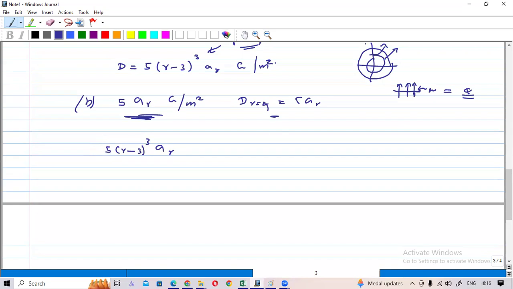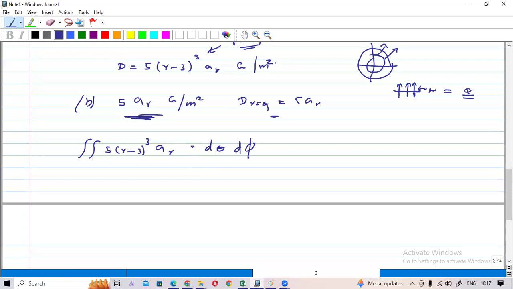You are asking to find the total flux through the surface. That means you have to do the surface integration. The surface element will be in d theta and d phi.